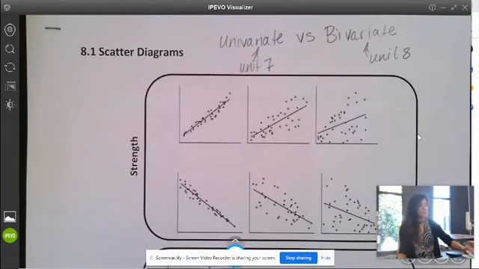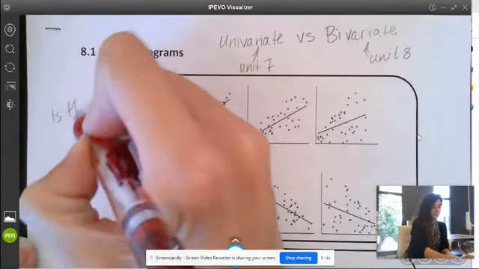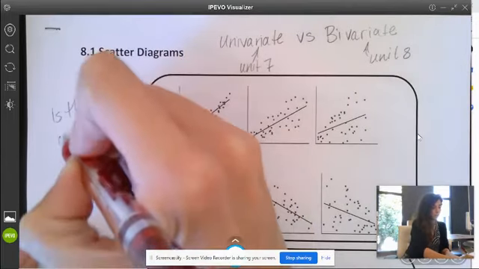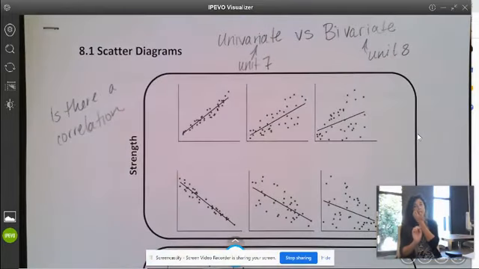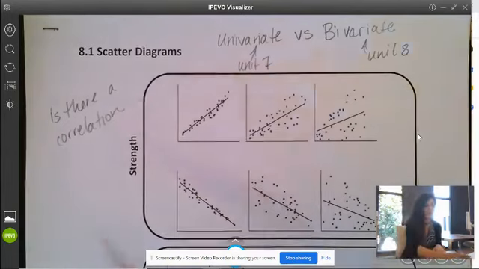Okay, so the number one question you should be asking yourself when we're talking about scatter diagrams is, is there a correlation? So you could always say, is there correlation? We're going to talk a little bit more about this, but correlation does not mean causation. So correlation versus causation, the only thing we can decipher or determine from data that's represented in this way is correlation.